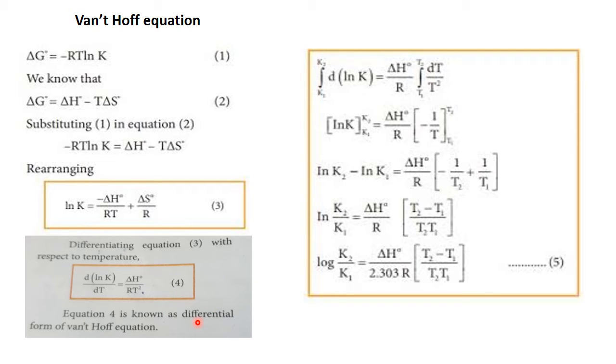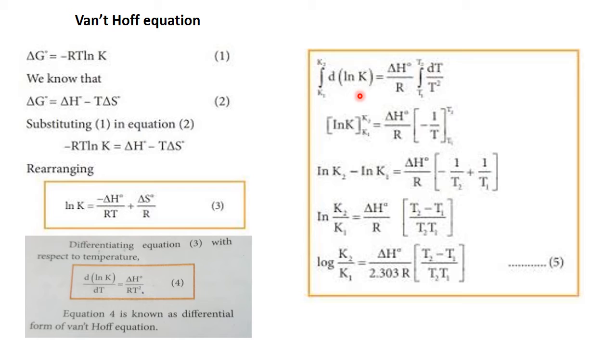The next step is integrating equation 4. We have to integrate the equation with respect to temperature from T1 to T2 and equilibrium constants K1 and K2. Keeping d ln K here and dT on the other side, the right-hand side is constant, so take delta H0 divided by R out, leaving the integral of dT by T square from T1 to T2.